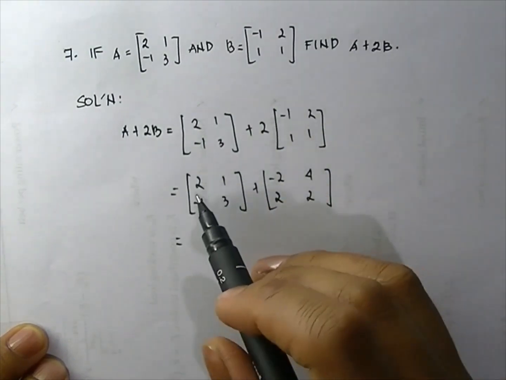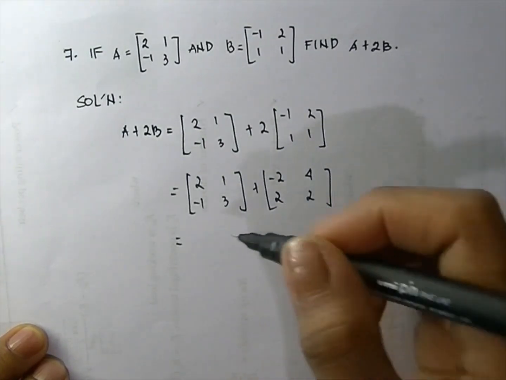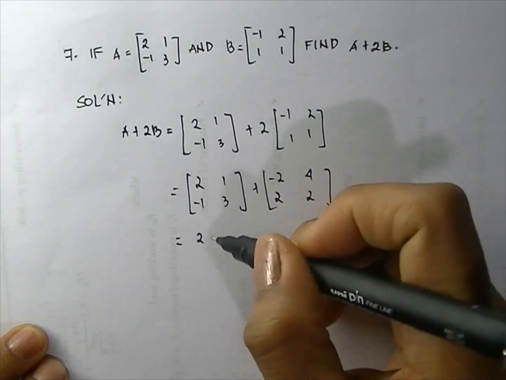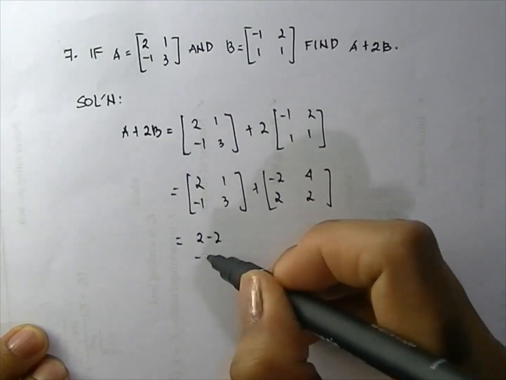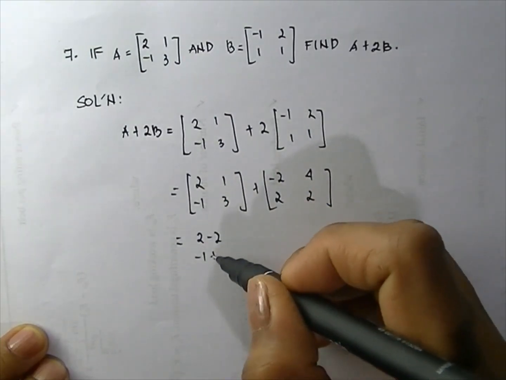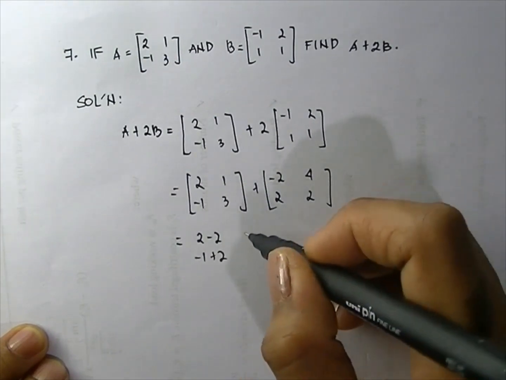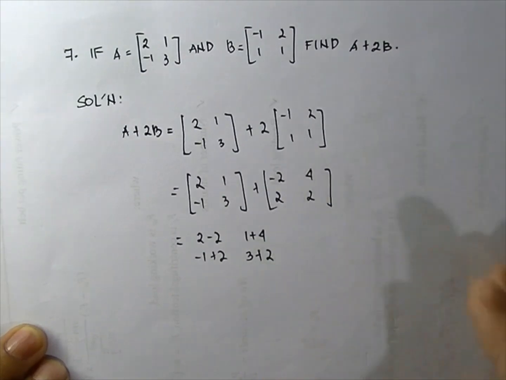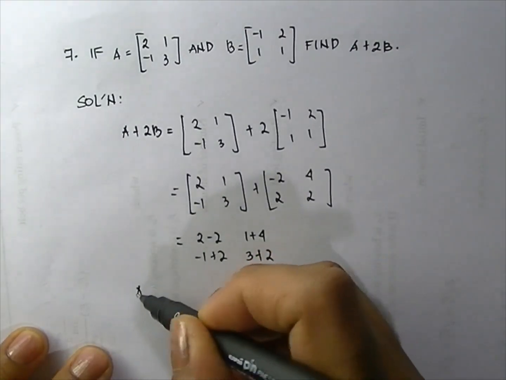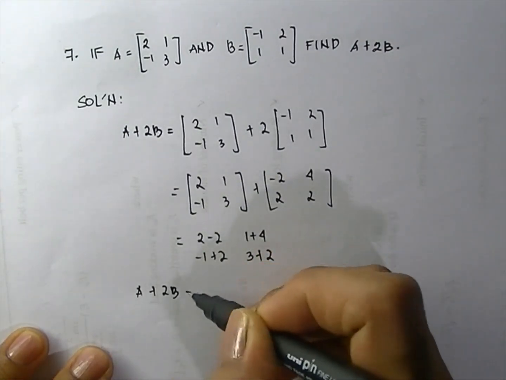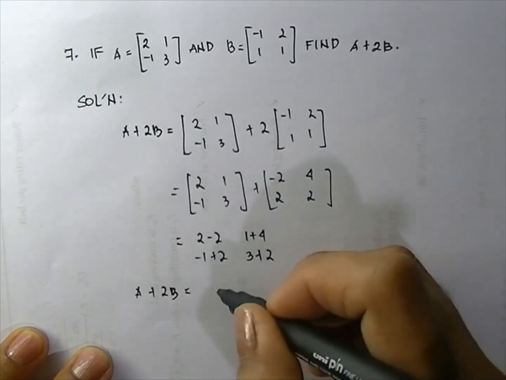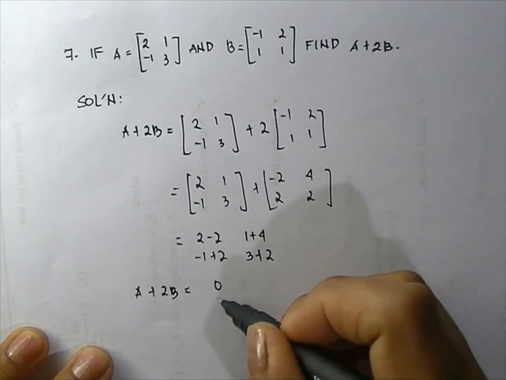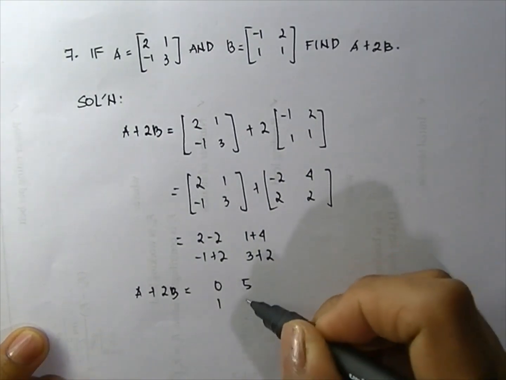Add, therefore, positive 2 minus 2, negative 1 plus 2, 1 plus 4, and 3 plus 2. Therefore, A plus 2B is equal to 0, positive 1, 5, and 5.